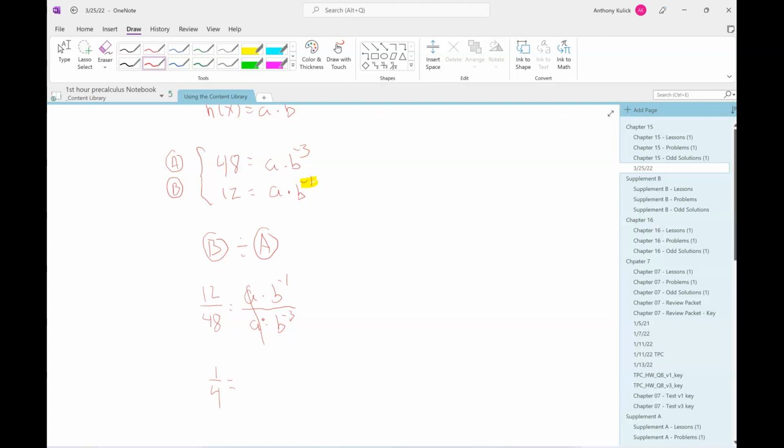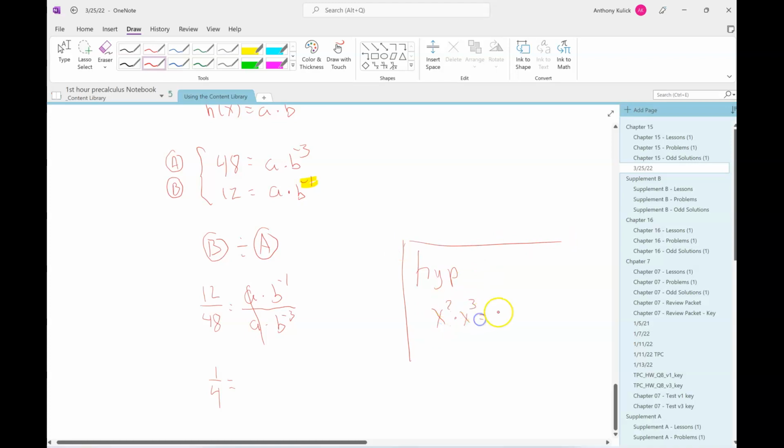Yeah, we add the exponents, we get x to the 5th. So if we add exponents when we multiply, what are we going to be doing when we're dividing?